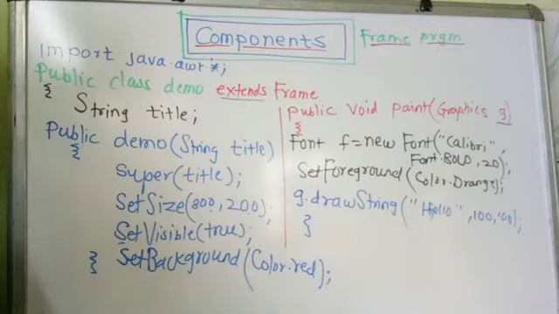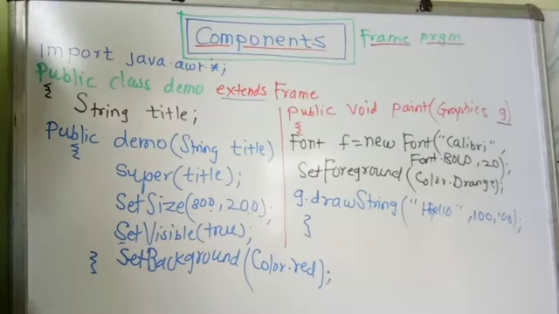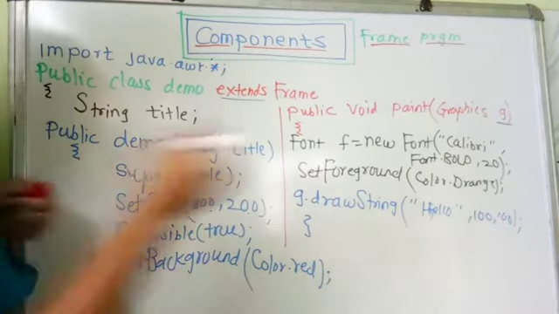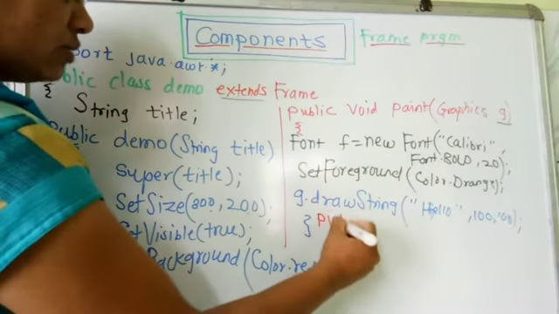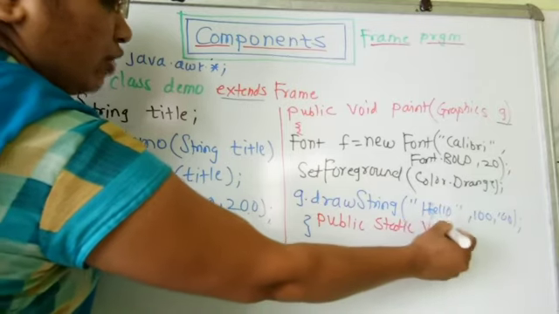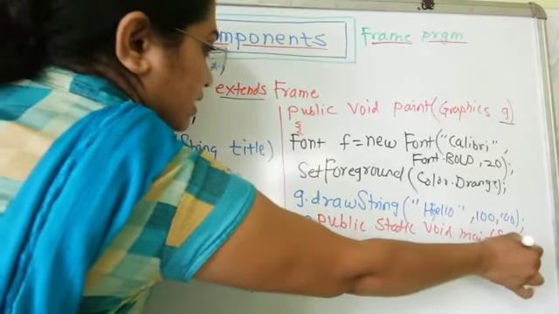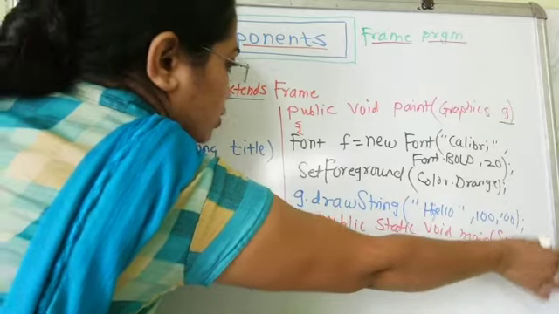But now it's time to create our actual main class, the main method, that is public static void main. We all know how to write this method, that is public static void main, in brackets String args, or you can use the shortcut also.